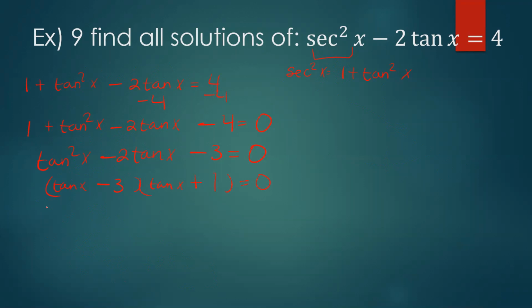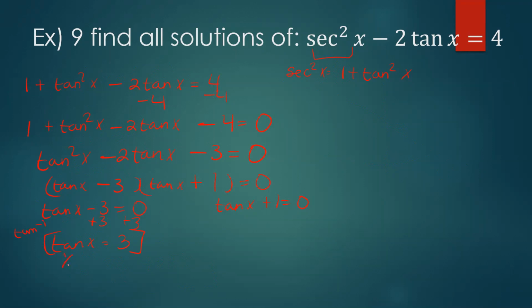And then go ahead and set each equation to 0. So tan of x minus 3 equals 0, and the other one would be tan of x plus 1 equals 0. I would add 3 to both sides, then take the tan inverse of both sides.